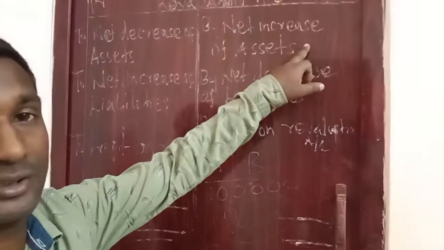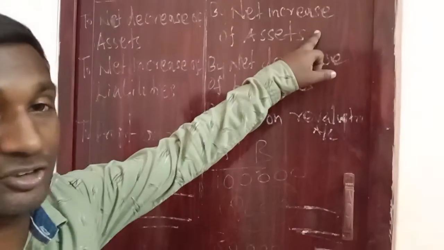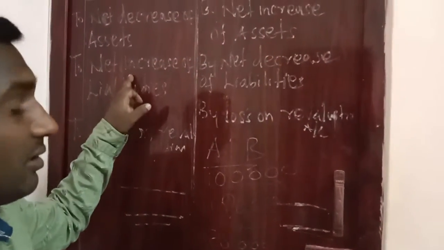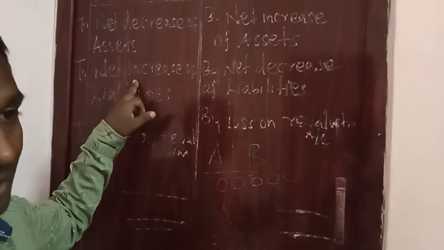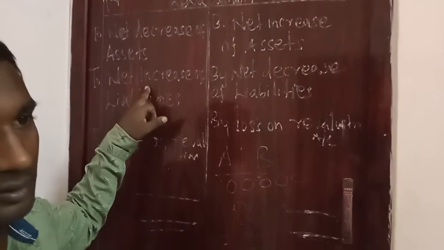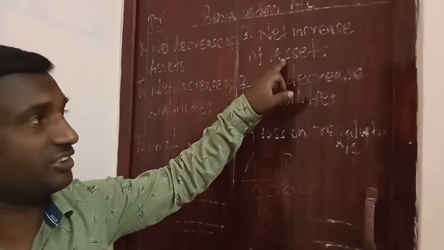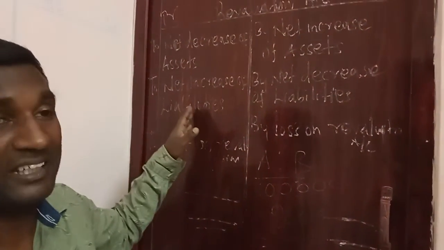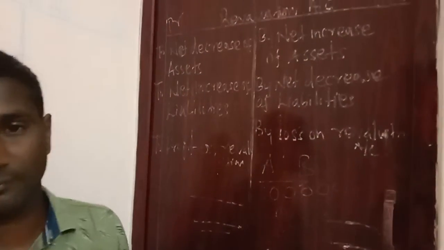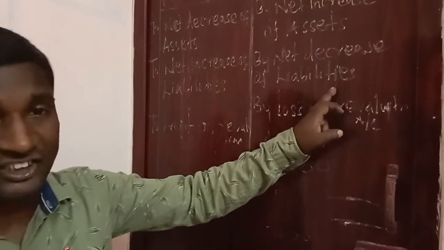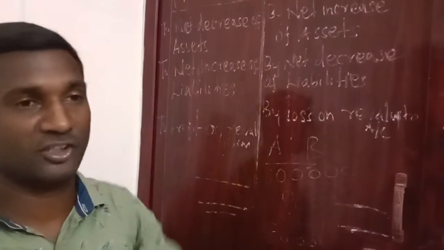Assets increased: credit. Liabilities increased: debit. Don't confuse here. So assets increase, credit. Liabilities increase, debit. Liabilities decrease, credit in the revaluation account.